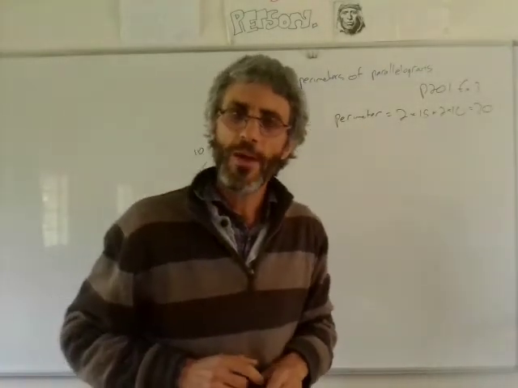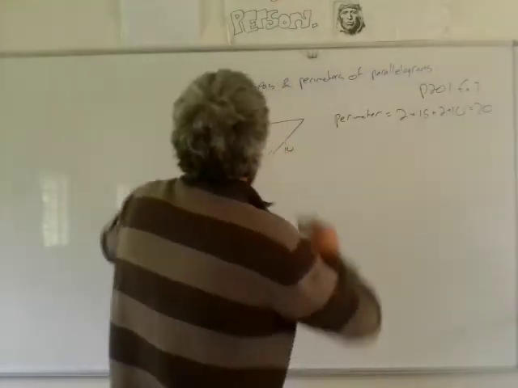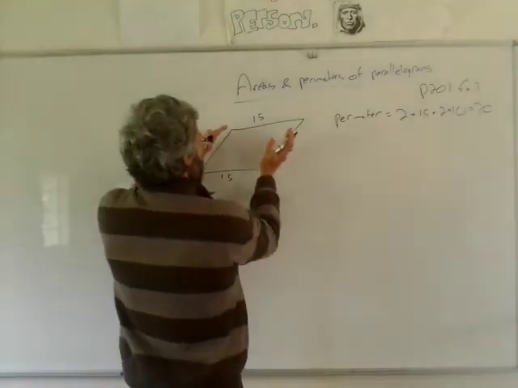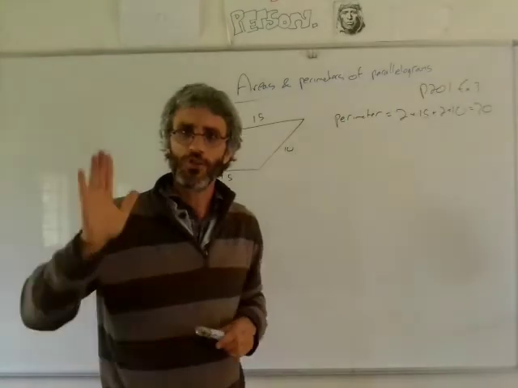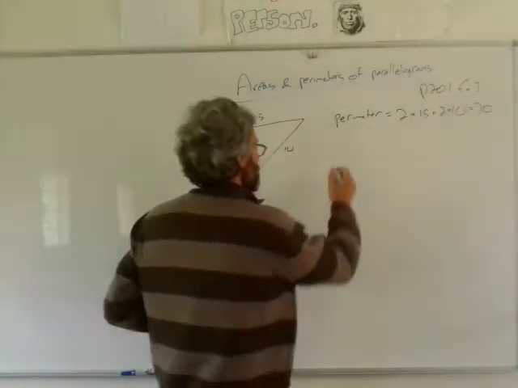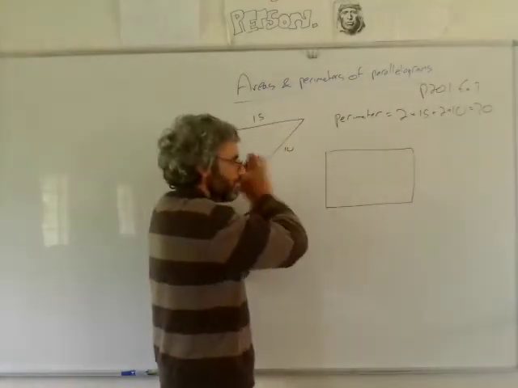It's a bit more difficult now to find the area. How do we find the area inside? What we're going to notice is that a parallelogram is like a rectangle when you kicked it. So you had a rectangle, and then you just kicked it.